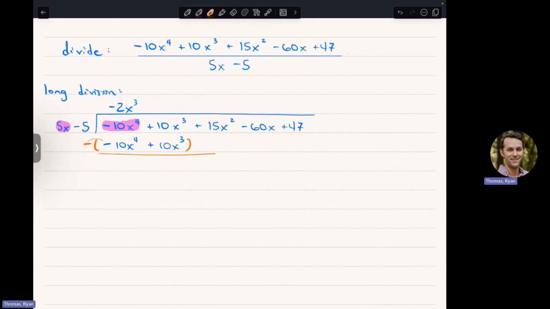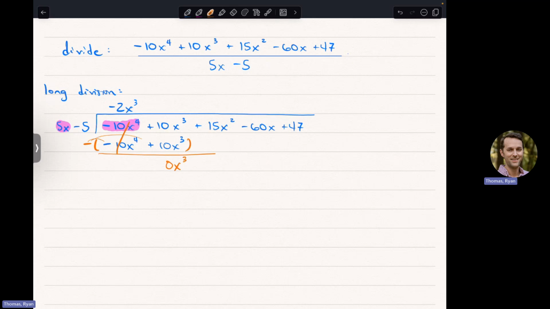Again, just be careful about distributing this negative. Those drop out. That's good. Again, that was by design. 10x cubed minus 10x cubed. That also happens to be 0, but that's a happy little accident, if I can borrow from Bob Ross. That's not what we set out to do. It just worked out that way, but that's great.